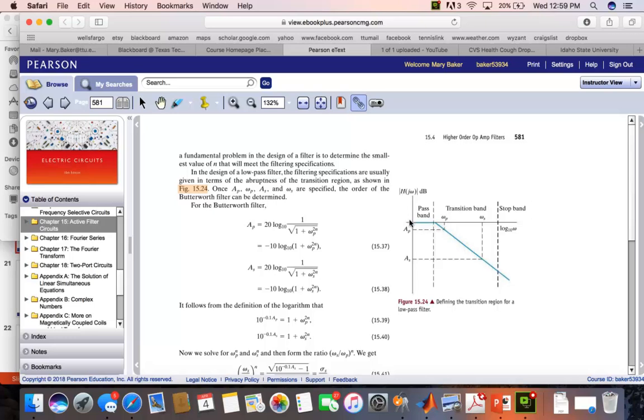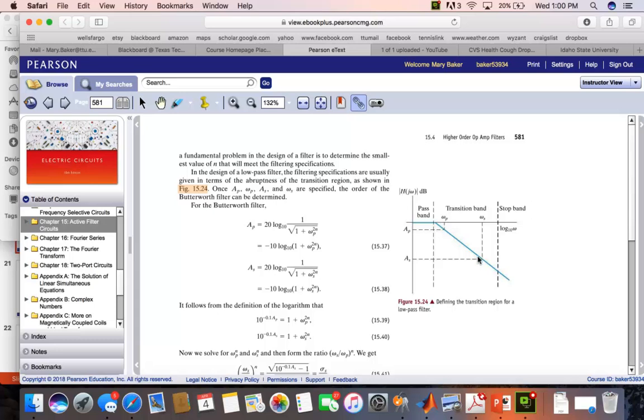So here's a classic low pass filter where we have a pass band, and then we have a transition band, and then we have a stop band. And we'll just define this magnitude AP, and omega P, and a magnitude AS and omega S as just some arbitrary points.